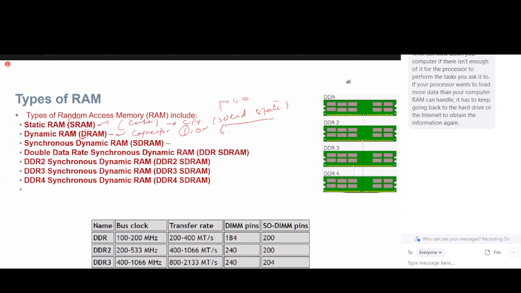Synchronous RAM, or SDRAM, is a kind of DRAM, but with a little bit different technology in terms of time constraints. SDRAM has different, updated versions, like double data rate synchronous dynamic RAM, or DDR SDRAM. We omit this when we refer to this kind of technology.